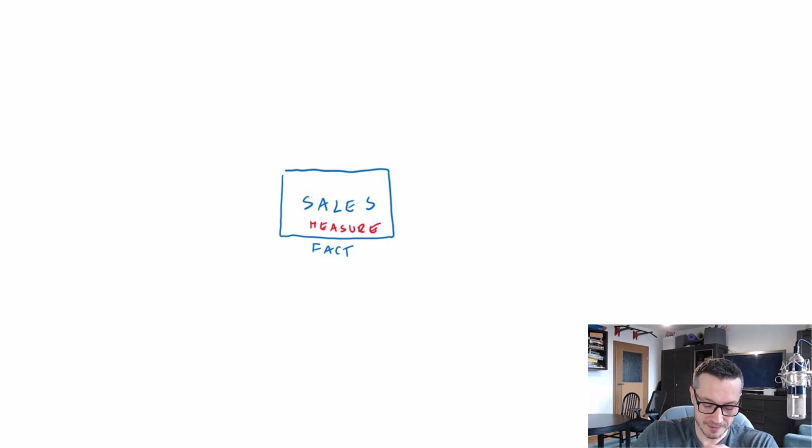In our case, the very obvious cases might be sales amount, so how much money was earned in a given sale, or how much it cost. That's a first example of a measure. Then we might measure how many copies of a given product were sold. So quantity.